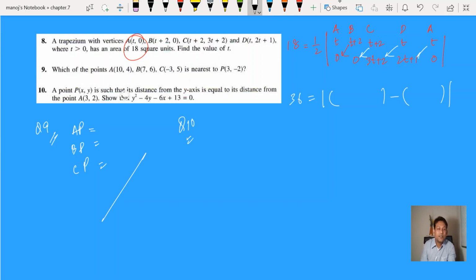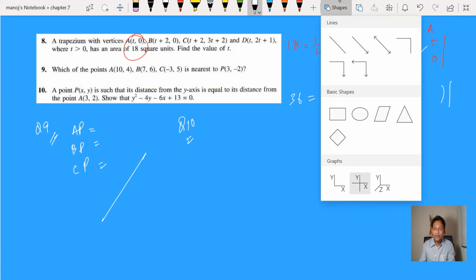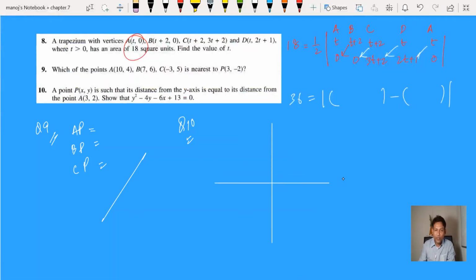The point P is such that the distance from the y-axis is equal to the distance from the given point, show that. Actually you have to do this yourself; I'm just giving an idea. The y-axis means 0 comma y.